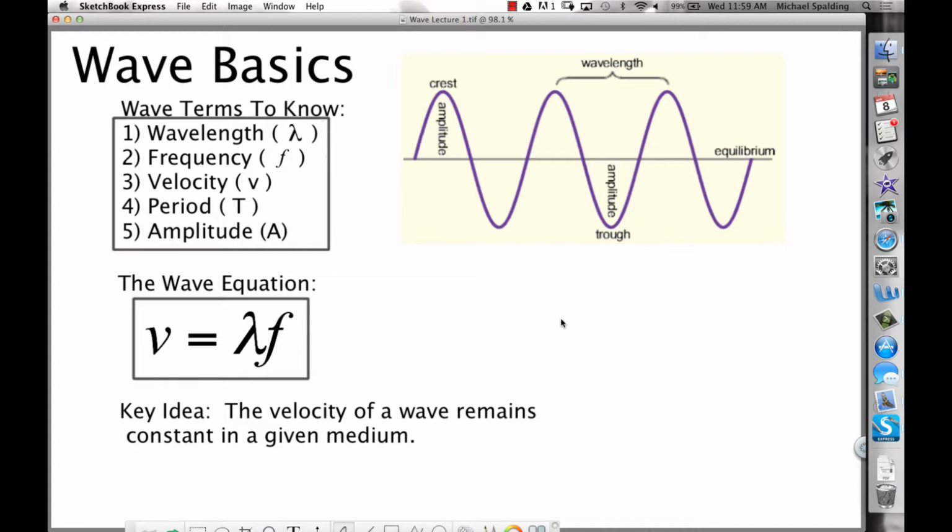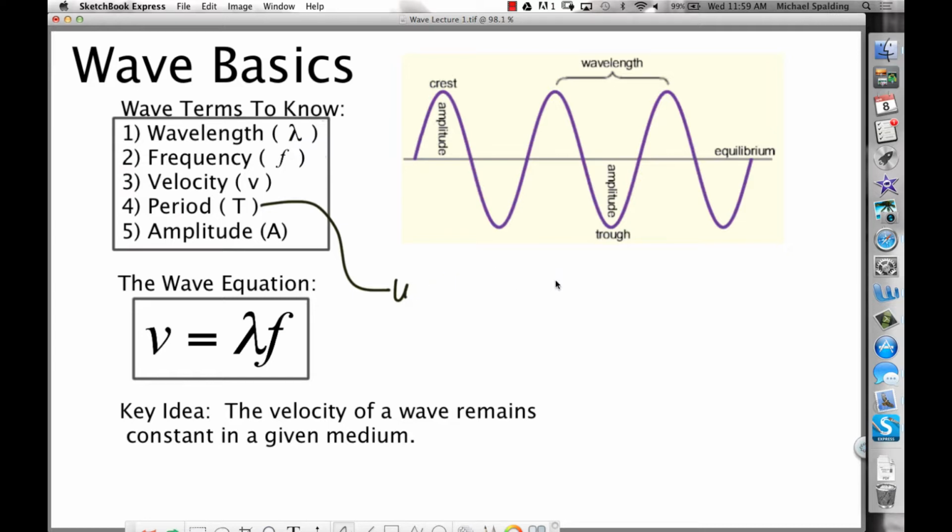It's the time for one complete wave. Now, what are we going to measure period in? Period has a unit of what? It's the time for one complete wave or one complete cycle. So unit of what? Seconds. It's a time.